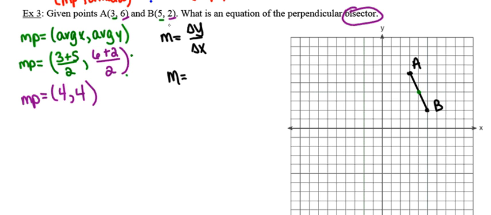My 2 y values are 6 and 2. So 6 subtract 2. My x values are 3 and 5. So 3 subtract 5. So 6 subtract 2 is 4. 3 subtract 5 is -2. And when I simplify that fraction, I end up with -2 over 1. So I now know that the slope of segment AB is -2 over 1.